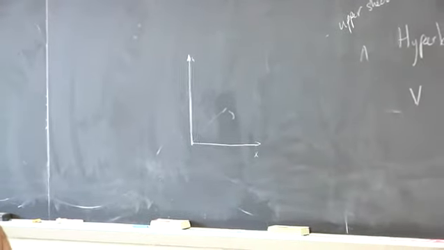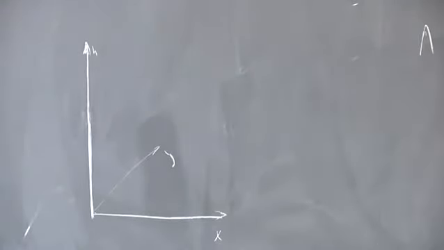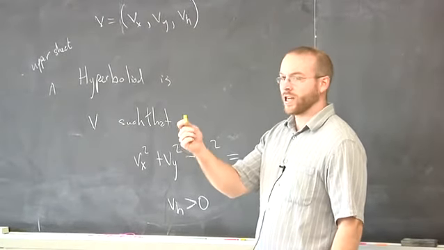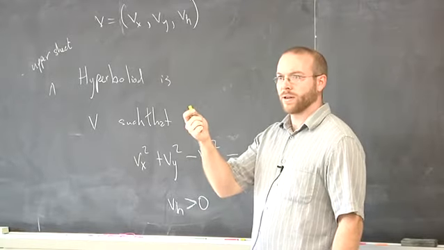There's some special vectors that are not on the hyperboloid, but that are special and help me draw it. Namely, the vectors when I plug into this equation that are 0. This is special. I'm using a color yellow for the light-like vectors.